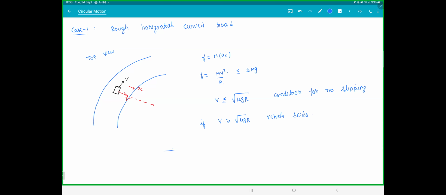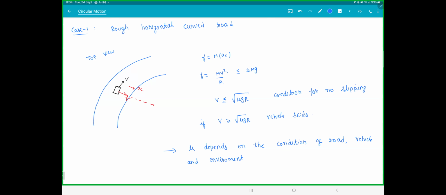So the biggest problem is this: mu depends on the condition of the road, vehicle, climate, environment, everything. So we don't have any control over the speed. This is a pretty bad road. You don't want to design a road like that where you don't have control.